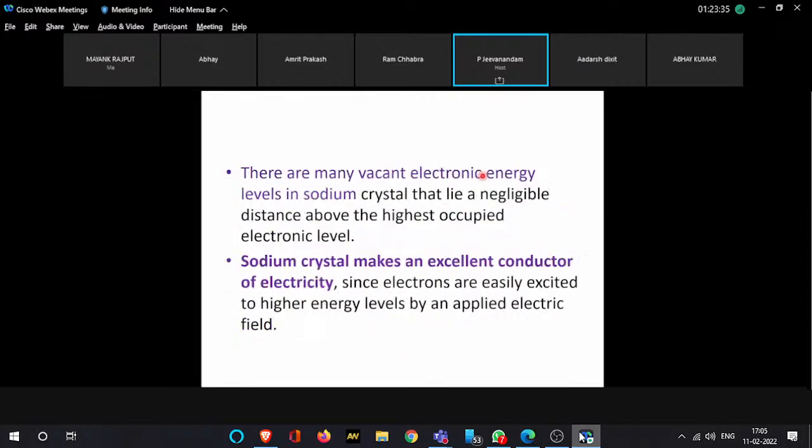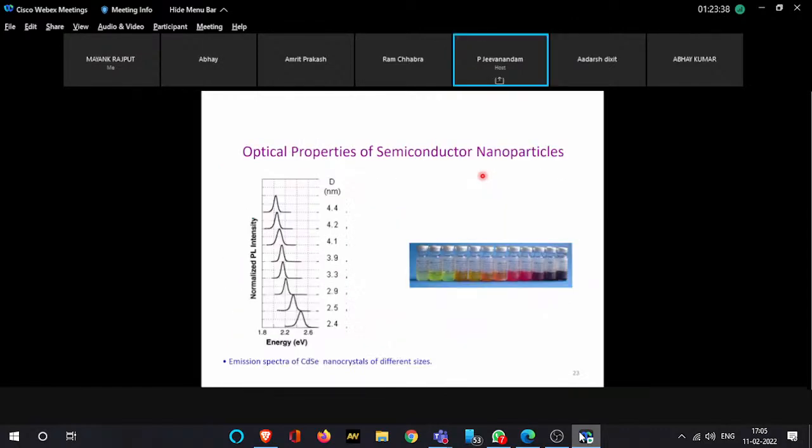Now I will ask you one more question so that it will again develop some interest in you. Gold colloid. You can prepare it in the color of wine red, for example. All of you know gold is a metal, and the gold colloid is becoming wine red in color.